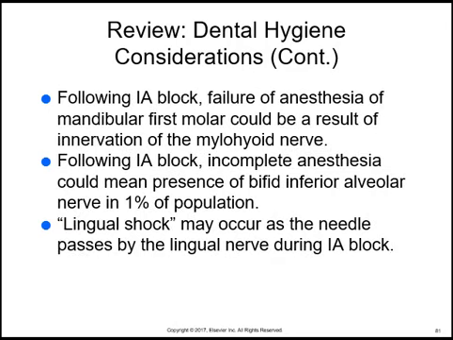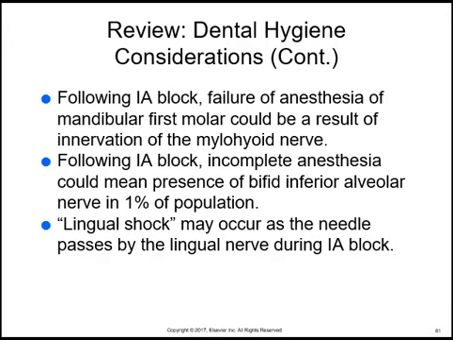Following the IA block, failure of anesthesia of the mandibular first molar could be a result of the innervation of the mylohyoid nerve, and incomplete anesthesia could mean that there's a presence of a bifid inferior alveolar nerve. Also, something to keep in mind is that lingual shock may happen as the needle passes by the lingual nerve during the IA block.